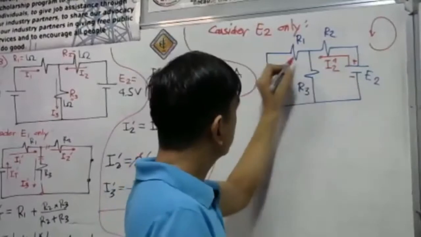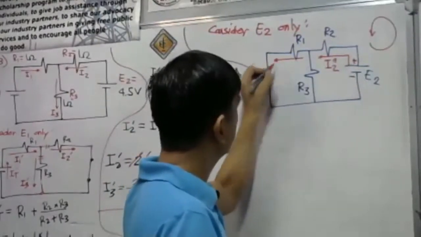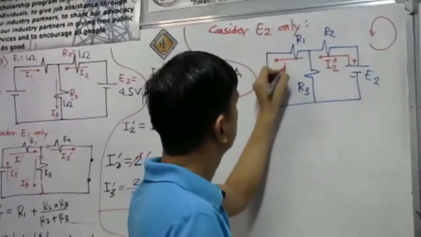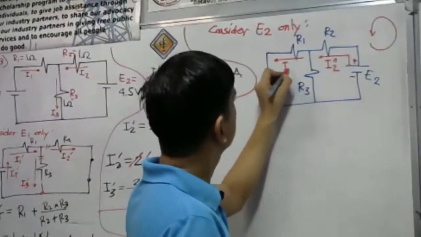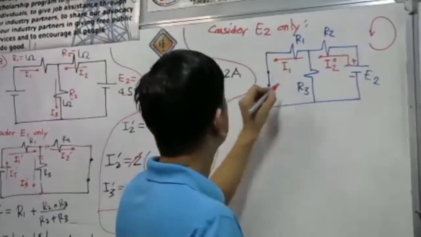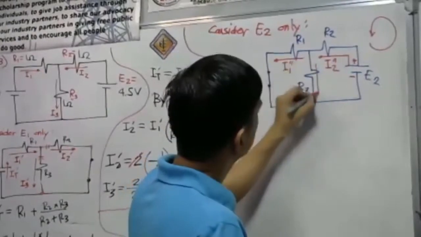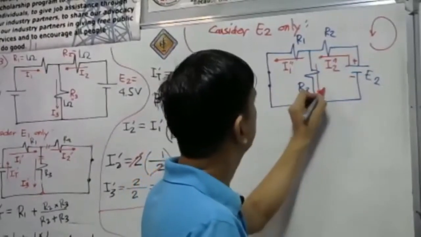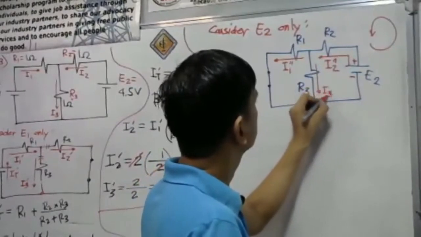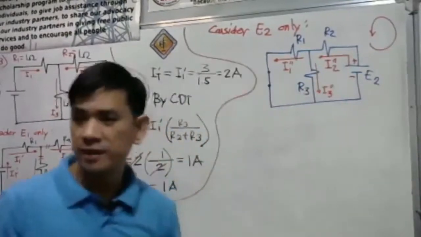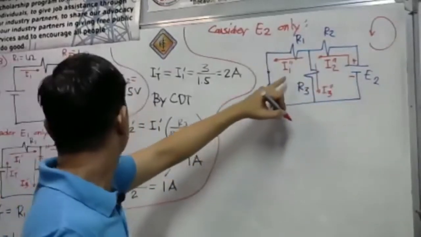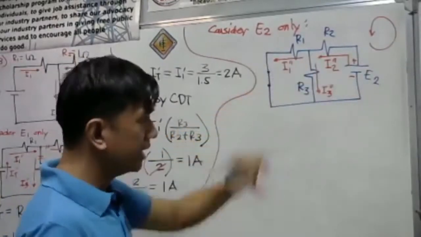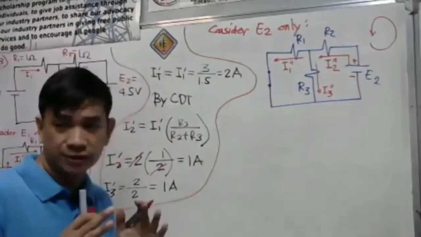So, if that is counterclockwise, that must be in this direction, going to the left. This is our I sub 1 double prime. And then we have here our I sub 3 double prime. I1, I2, and I3 from the original circuit.